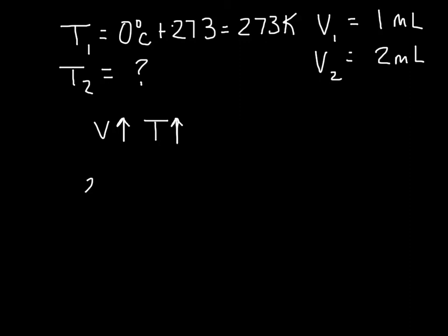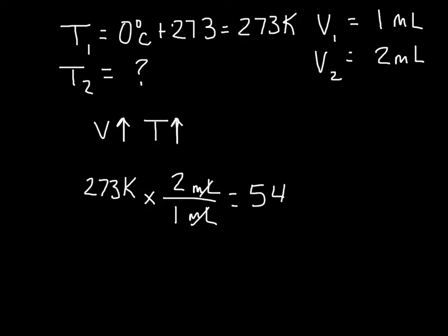So we're going to take our 273 Kelvin and we're going to multiply it by something that's going to make it bigger, so I would say 2 to 1. And you're going to get 546 Kelvin.